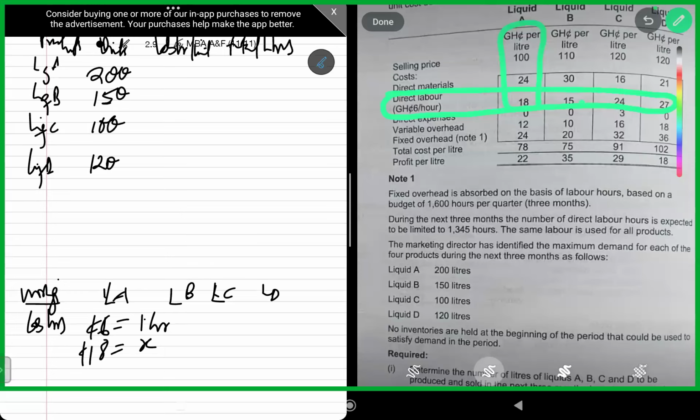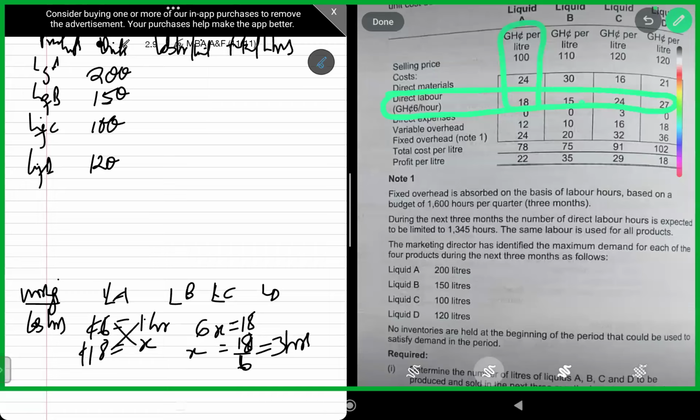This is for A. So what the solution will become, 18. I'll cross multiply. So I'm going to have 6x equals 18. So x will be equal to 18 over 6, which will give me 3. Do you agree? Yes. So it's 3 hours.